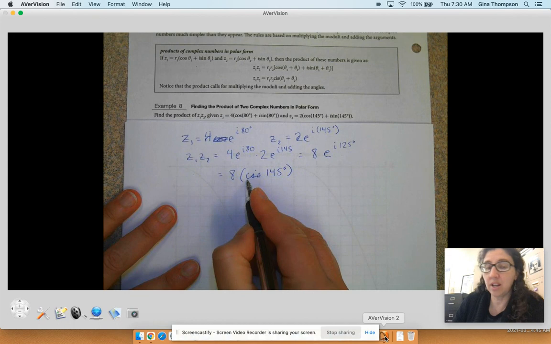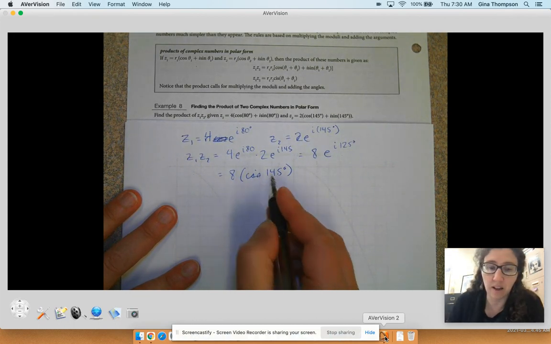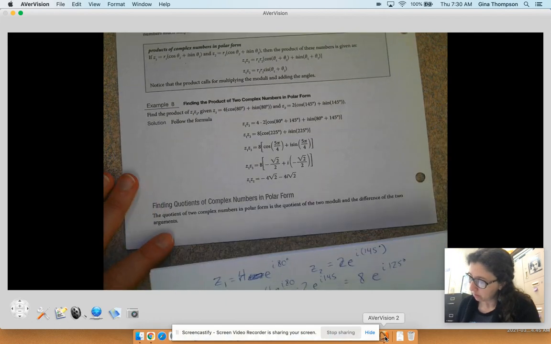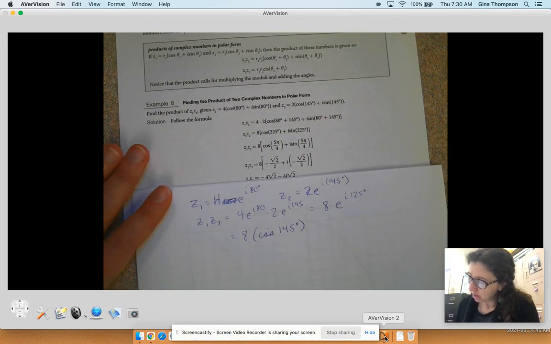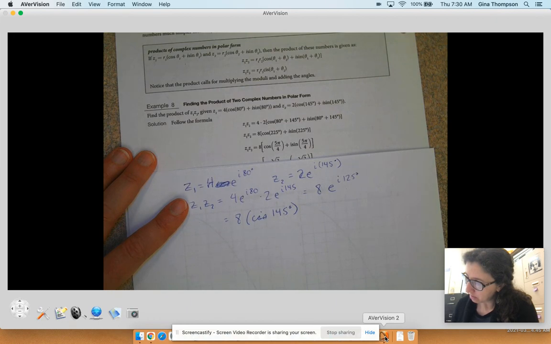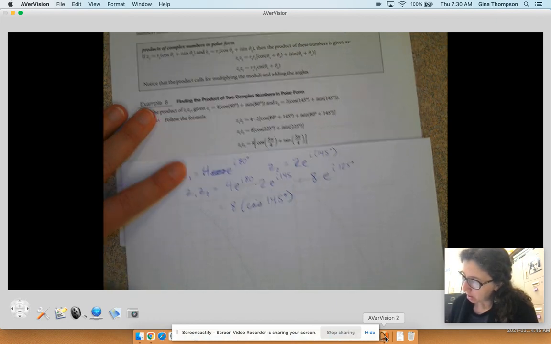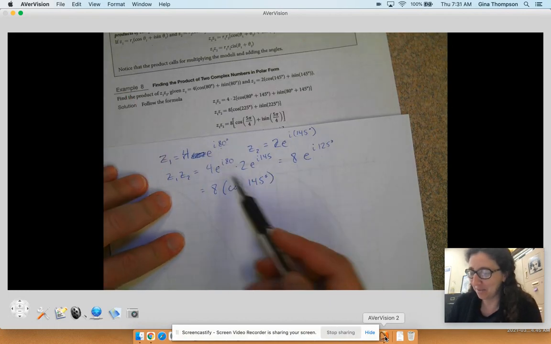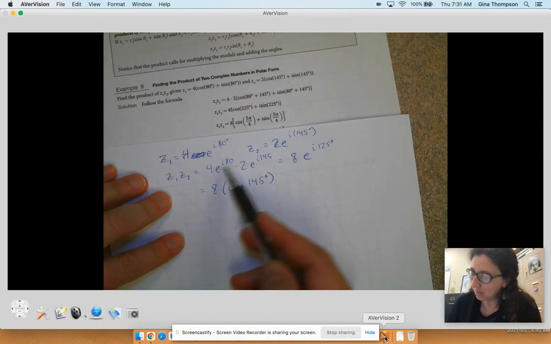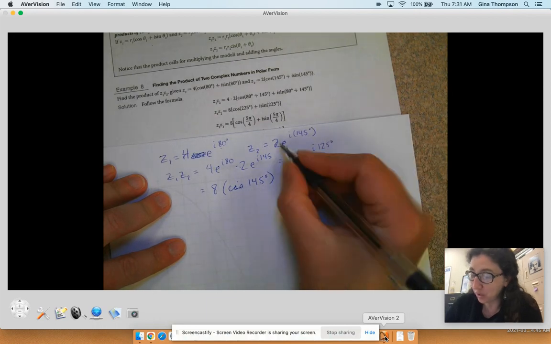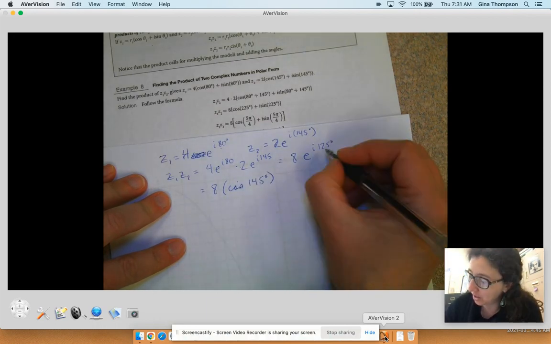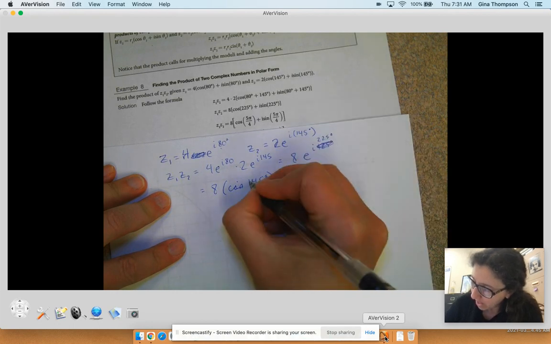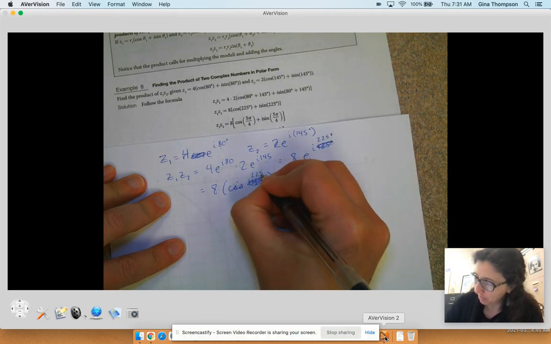That means cosine 225 plus i sine 225. Where did 225 come from? I have to add them together, obviously. 145 plus 80 is not 125. It is 225.